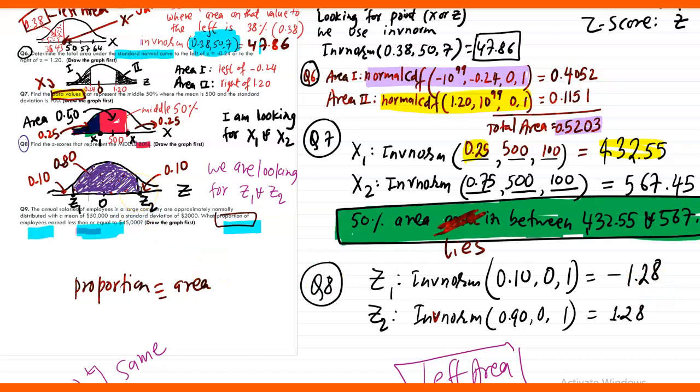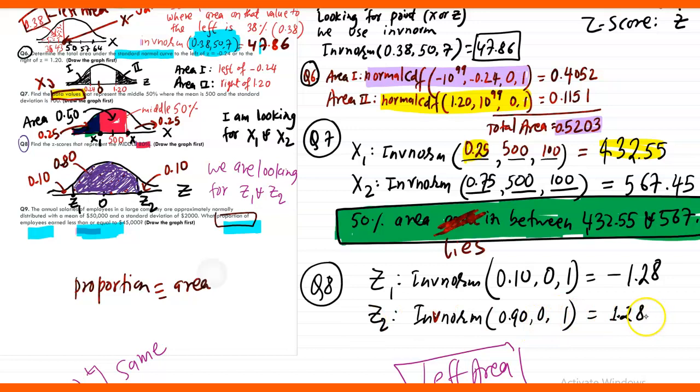Okay, to find z2, use the same thing. How much area on the left from z2? Look at this z2. This whole area here, 0.80 and 0.10, total is the area on the left of z2. Therefore, altogether 0.90 is the left area from z2. If you use invNorm 0.90, comma 0, comma 1, we get 1.28 positive.